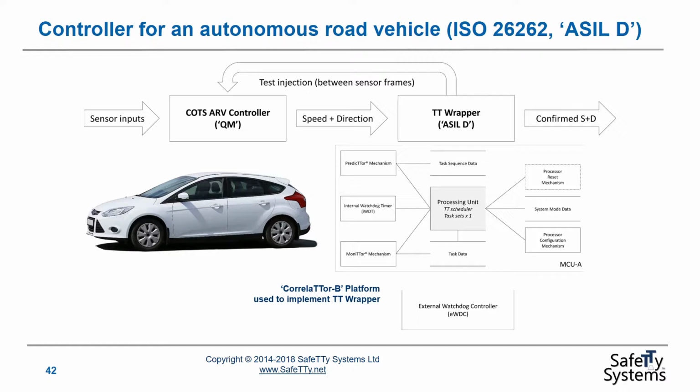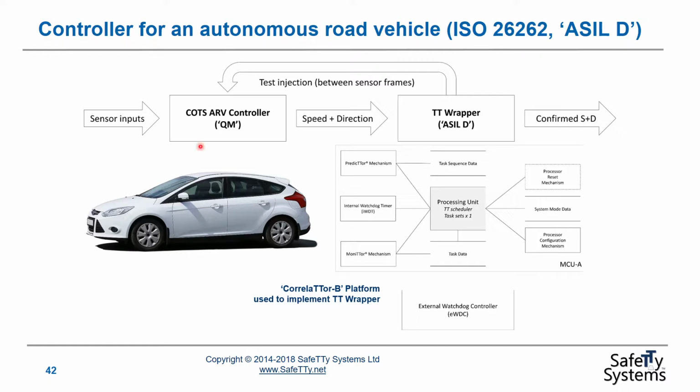It might be taking the sensor inputs, applying a neural network algorithm, and working out the required speed and direction information for the vehicle. So we have sensor inputs here, possibly coming from a LiDAR, a radar, visual sensors. This information is being fed into our ARV controller, and that's generating speed and direction information.